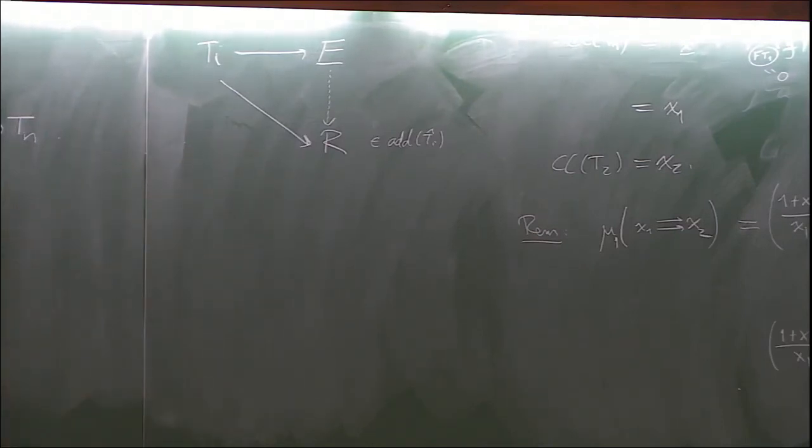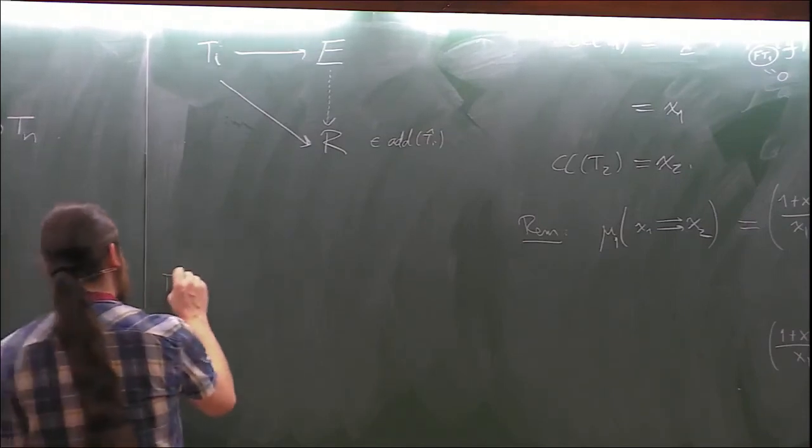So Ti hat here is the direct sum of all Tj's except for Ti. So it's as if I was taking T and I remove Ti from this direct sum. So I have a smaller object, and I look at an approximation like this.